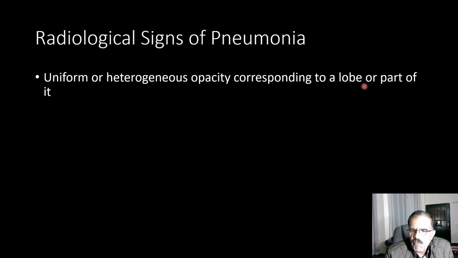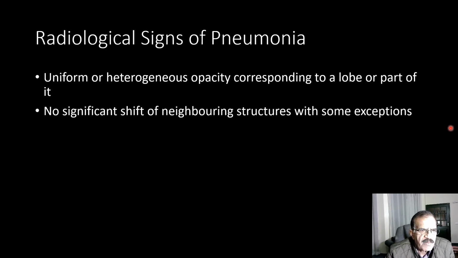But when pneumonia is fully developed, then you can see a particular lobe outline. If not the full lobe, at least one margin, like upper or lower margin. This sharp margin caused by fissure is very characteristic of consolidation. No significant shift of neighboring structures, with some exceptions.